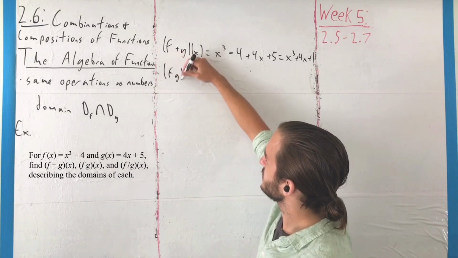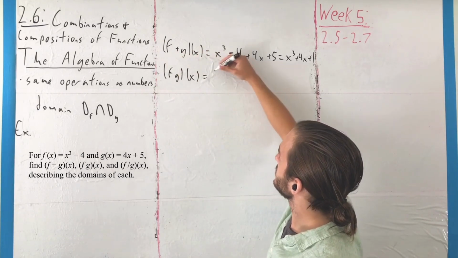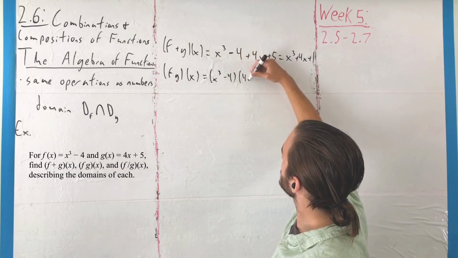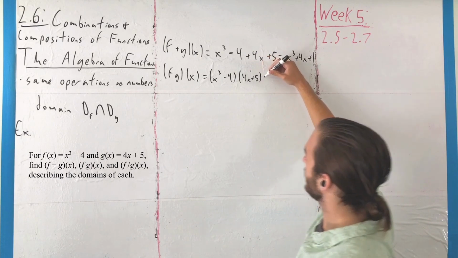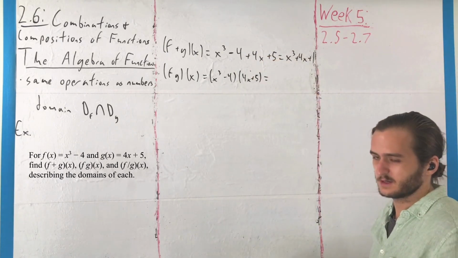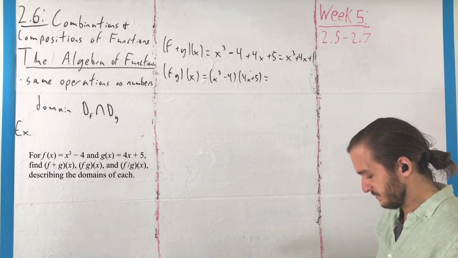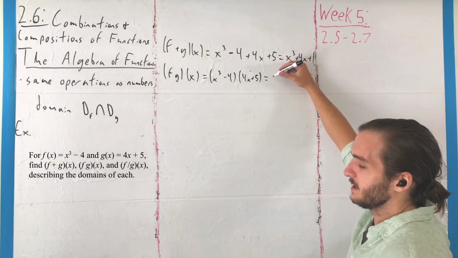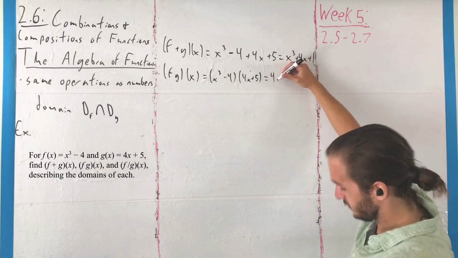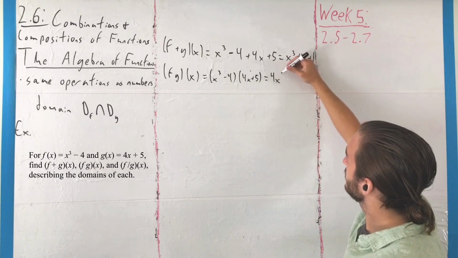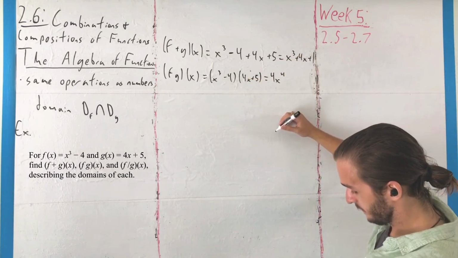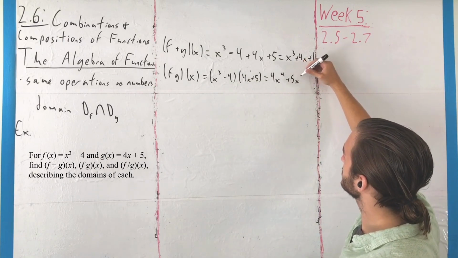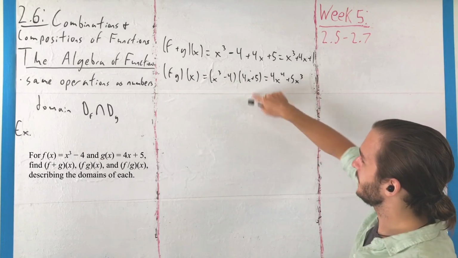So we have fg is going to be x cubed minus 4 times 4x plus 5. And I'm going to skip the half step here of writing out all the foiling there because that's actually where we end up with our answer anyway. There's actually no simplification to be needed. So actually, I'm not going to skip it. I'm just going to write it. We would end up with, in this case, 4x to the 4th power from the firsts. Then we would have 5x cubed from the outers.